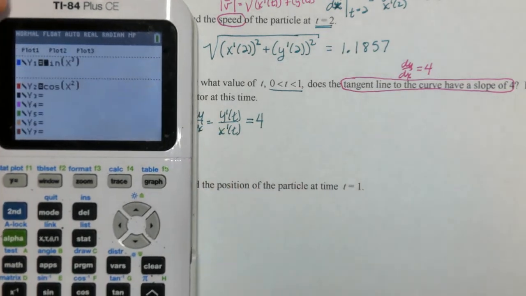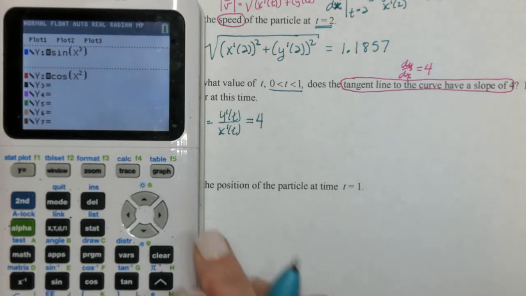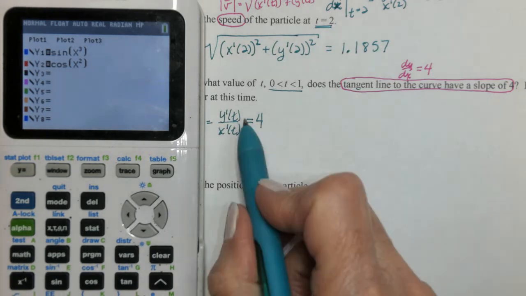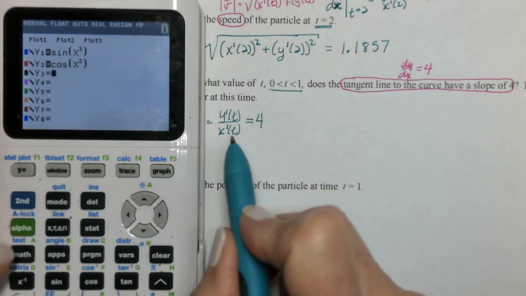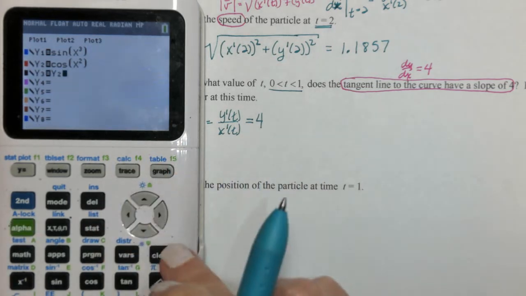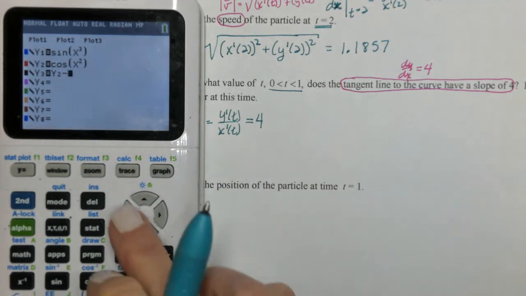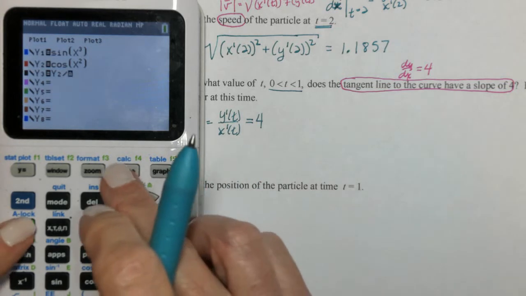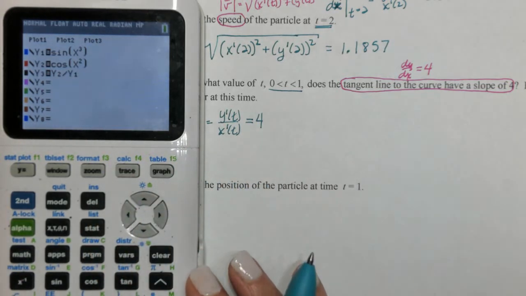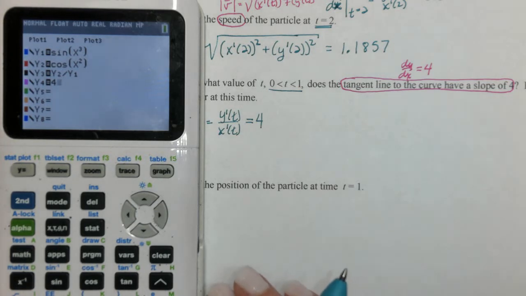I'm going to go to the y1 screen, and in for y3, I want y prime over x prime. That will be y2 over y1. So y2 divided by, not minus, divided by y1. In for y4, I'm going to put 4 in and see where those two intersect.